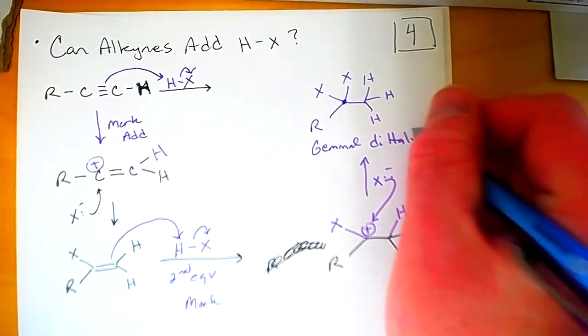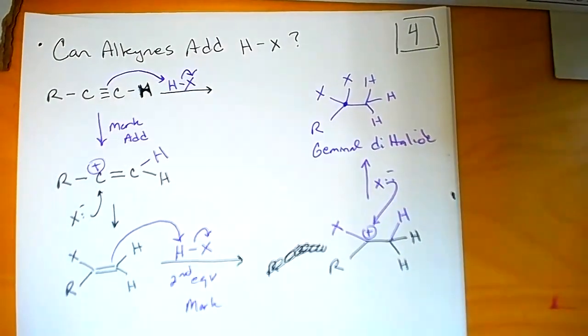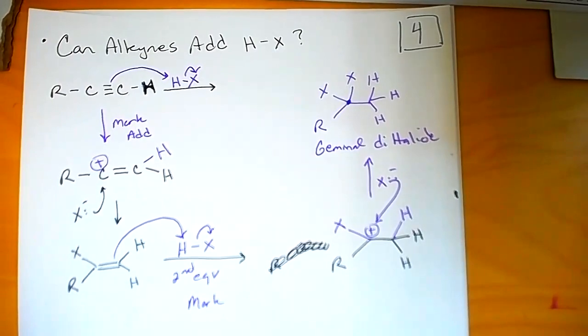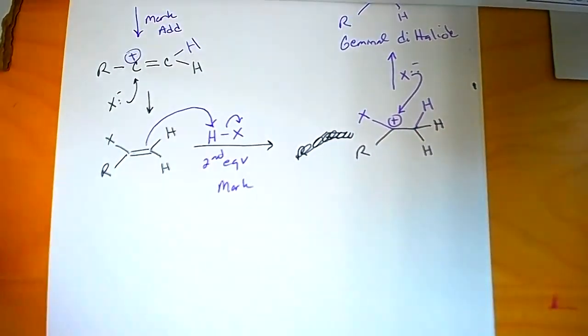Geminal for the twins on the same carbon. Okay, so alkynes can add hydrogen halides.